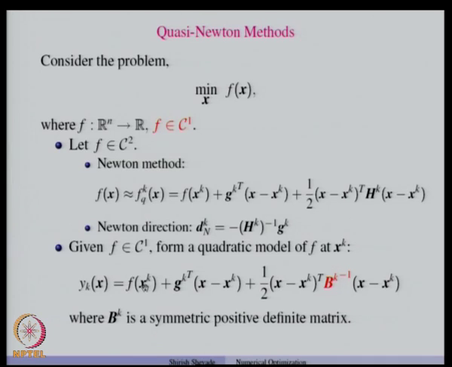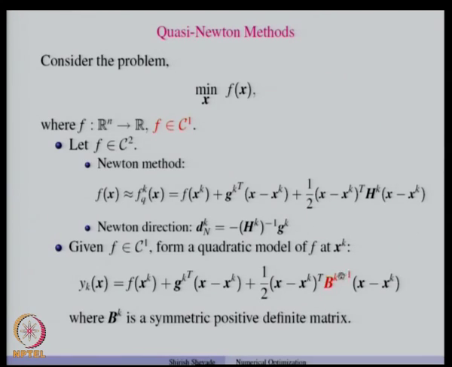Using Taylor series, we write f of xk plus gk transpose (x minus xk) plus half (x minus xk) transpose, now instead of the Hessian matrix, because the function is only continuously differentiable and second order information is not available, we write some matrix Bk inverse into (x minus xk), where Bk is a symmetric and positive definite matrix.